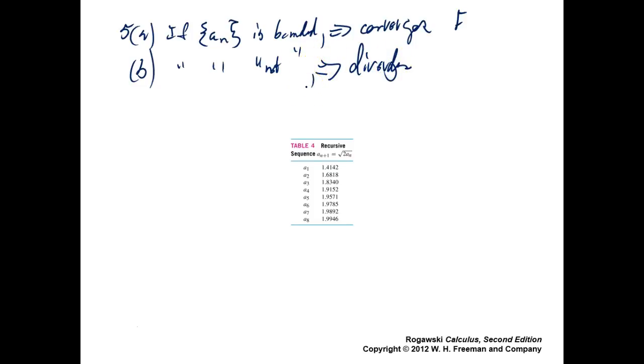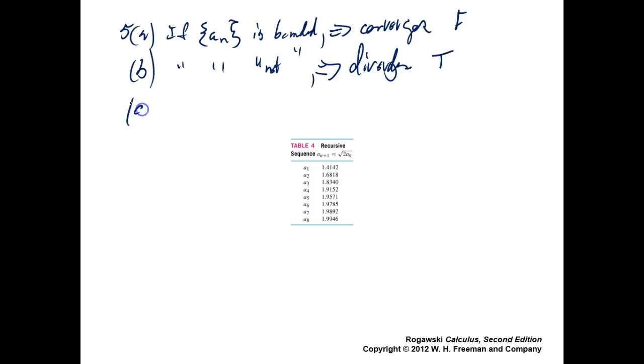If a sub n is not bounded, then it diverges. Yeah, that's going to be true, because in order to converge, it has to be a bounded sequence. If it's not bounded, how can it possibly converge? Okay, that will be true.